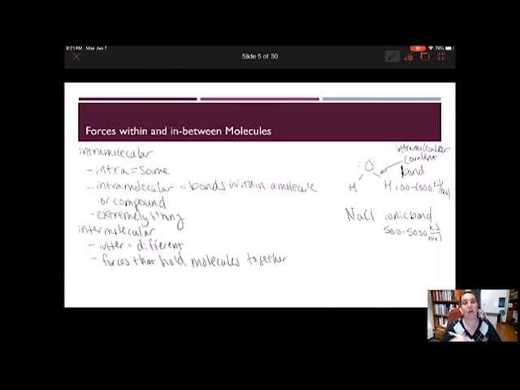Hence the intermolecular. So this is based on charge attractions. So opposites attract. So the greater that charge, the greater the force.